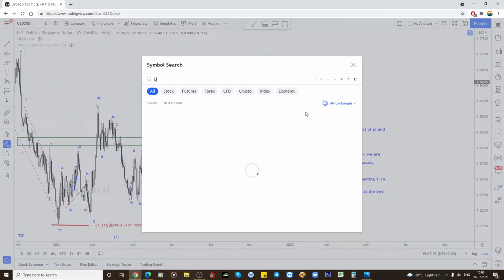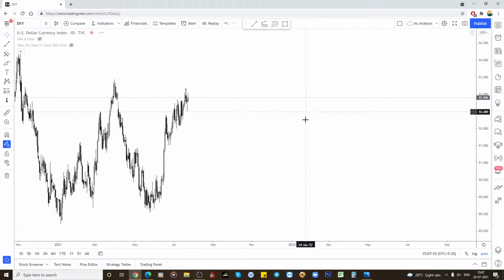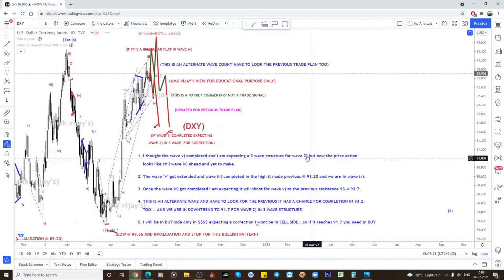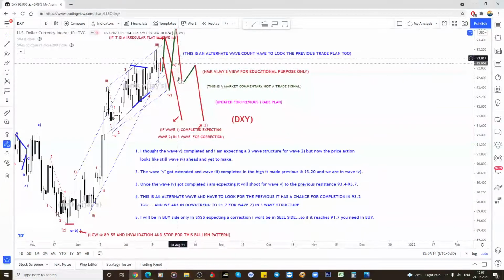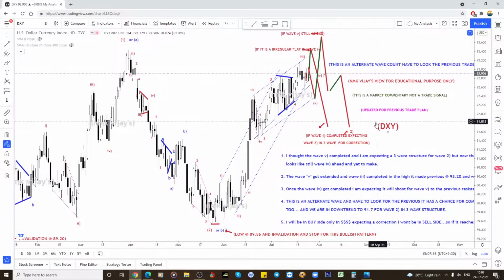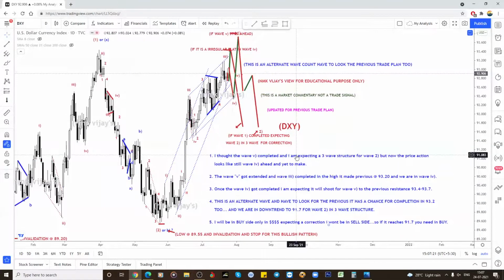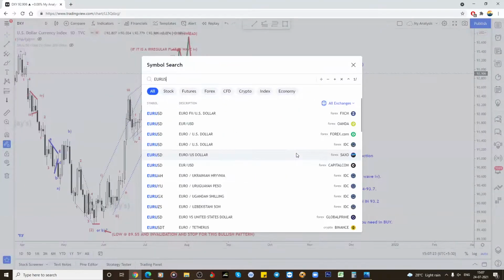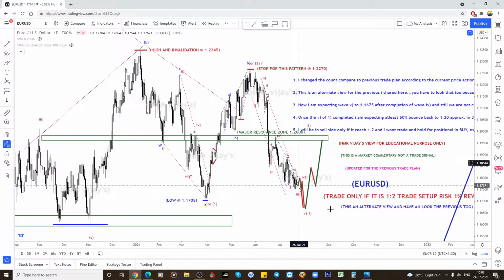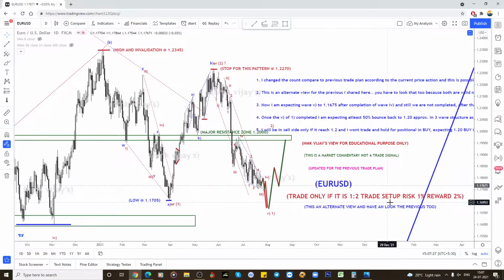Once again, I will show you that, because a lot of people are expecting this kind of correction. They're simply following that. That is why I have added this. I trade only if it is a 1:2 trade setup. Risk is 1%, reward has to be 2% if you are using this stop loss, otherwise you don't enter the trade.